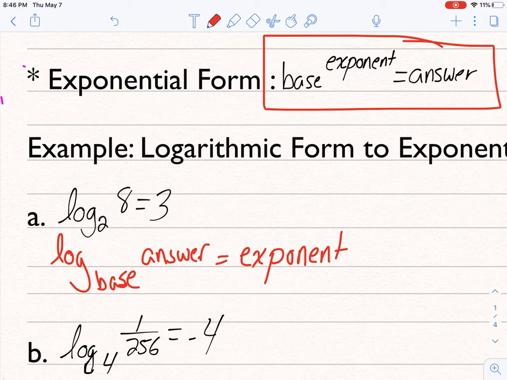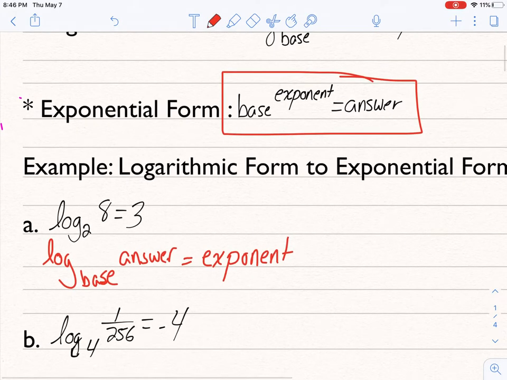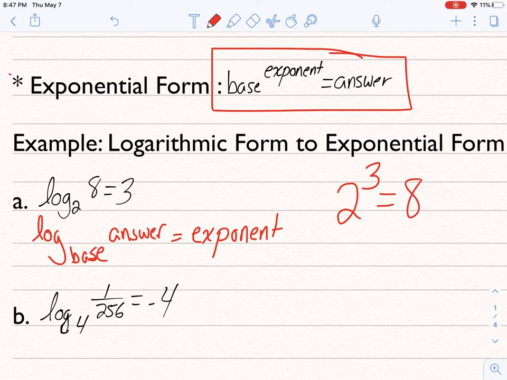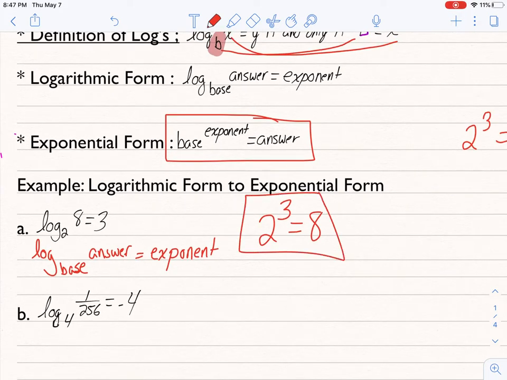Some people like to remember it as BAE, bay. That's an easy way to remember this process. So if I want to write this in exponential form, my base is 2, my exponent is to the right of the equal sign, which is 3, and my answer is 8. So there's my exponential form.